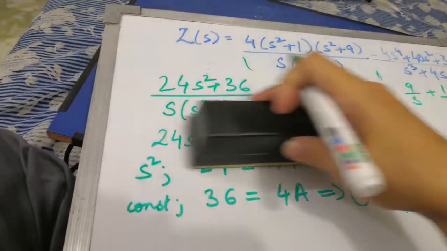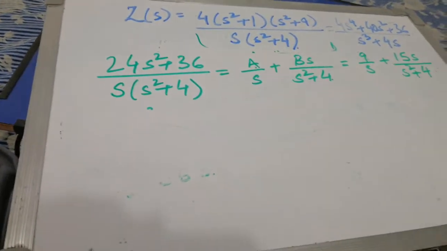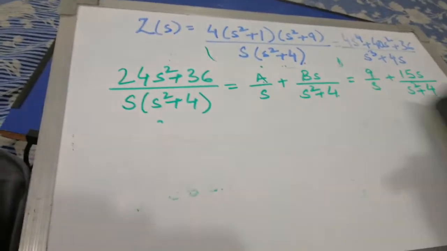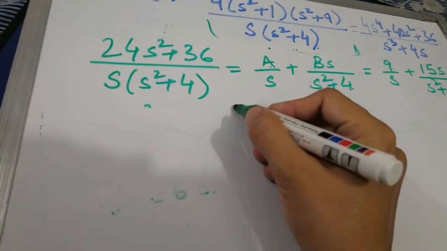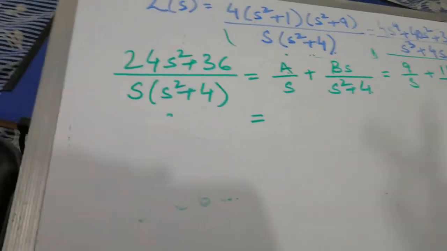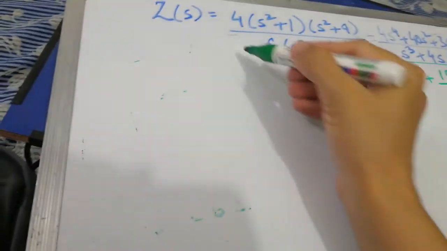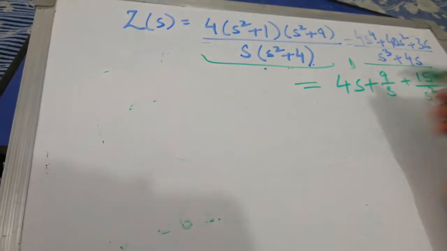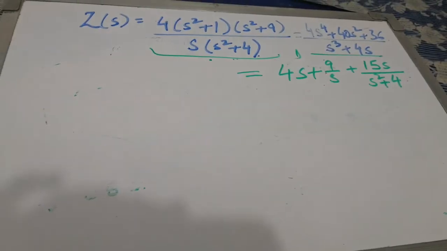So now I am going to rub all this. So now, including the previous function, that is Z1(s) that we wrote there, this whole thing is going to give me the value of 4s plus 9 upon s and 15s upon (s² + 4).